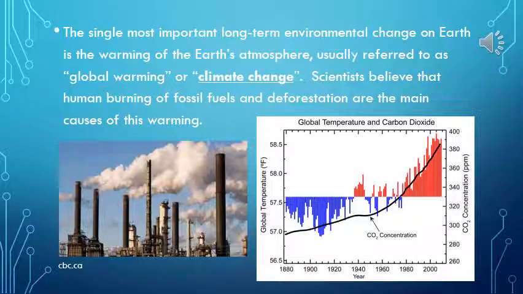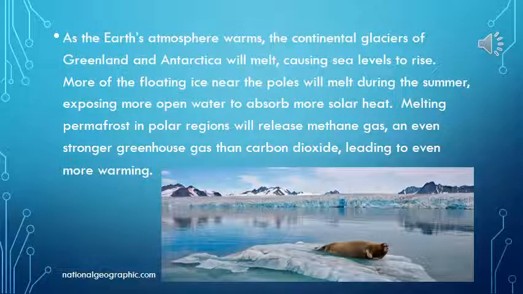The single most important long-term environmental change on Earth is the warming of the Earth's atmosphere, usually referred to as global warming or climate change. Scientists believe that human burning of fossil fuels and deforestation are the main causes of this warming. As the Earth's atmosphere warms, the continental glaciers of Greenland and Antarctica will melt, causing sea levels to rise.